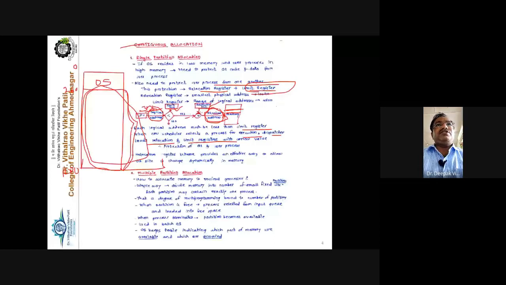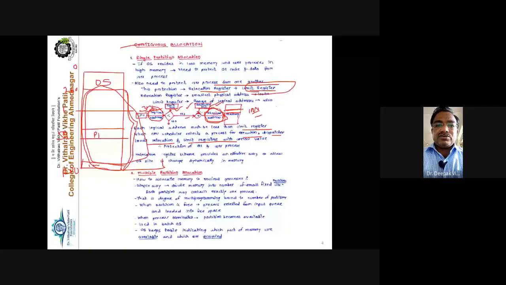Say the actual address is calculated as 1000, so that instruction is loaded into memory location 1000. Or say the actual address is 501, so it is the 501st block, and process P1 is loaded there and starts its execution from there itself.